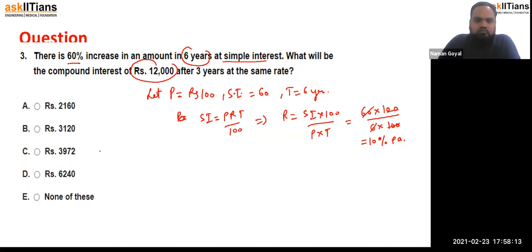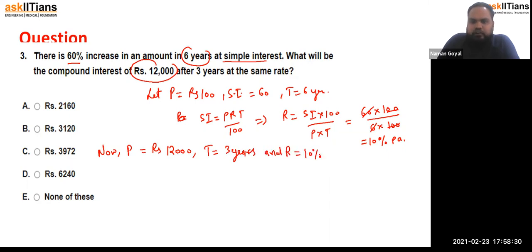Okay, now P is rupees 12,000. T is what? 3 years, right? And R is what? 10% per annum. Now you can find the value by using this concept.